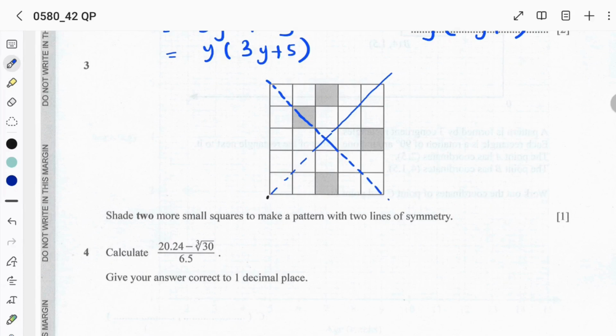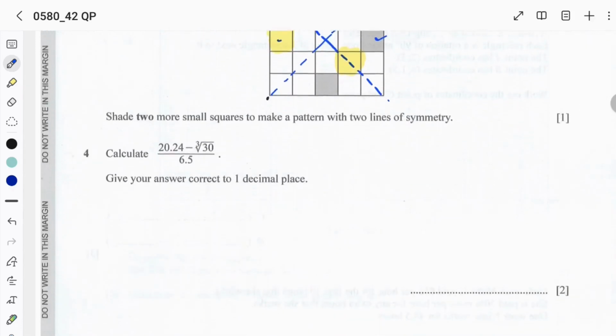Now you can shade, if you just flip this one, and then the other you will shade here. So this was shade 2 small squares to make a pattern with 2 lines of symmetry. We can easily see that these boxes are in the symmetrical line.